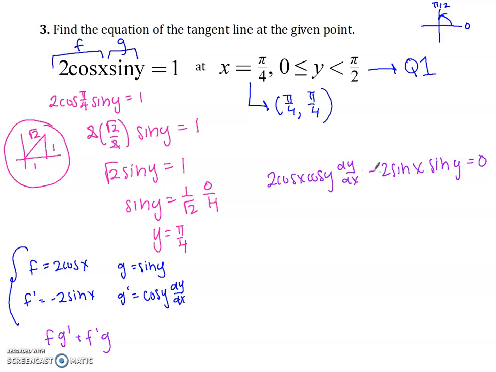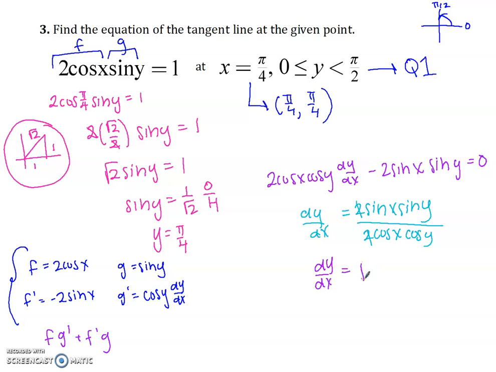Okay. Then I'm going to leave this term over here, and I'm going to move the 2 sine of x and sine of y over, and then I'm going to divide by the 2 cosine of x, cosine of y, and then I can cancel the 2's. Okay. And what else I'm going to do on this one, because I think it's going to make it easier to plug these in, is I can reduce sine of x over cosine of x.